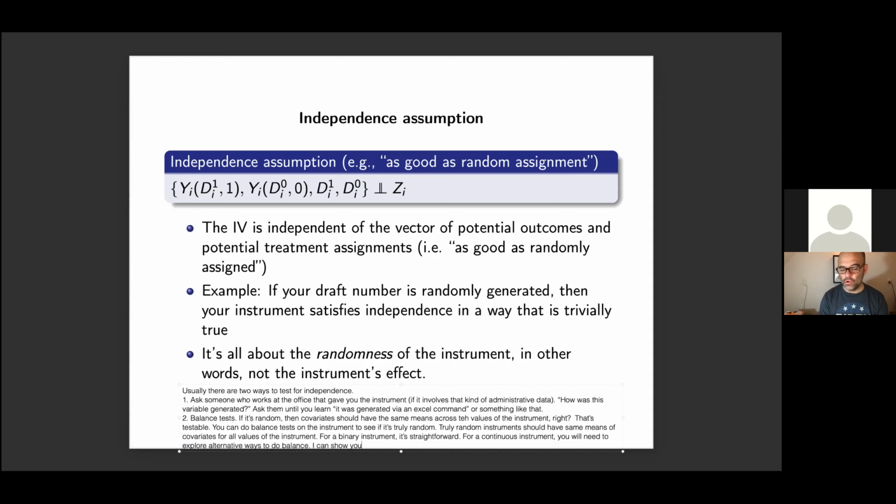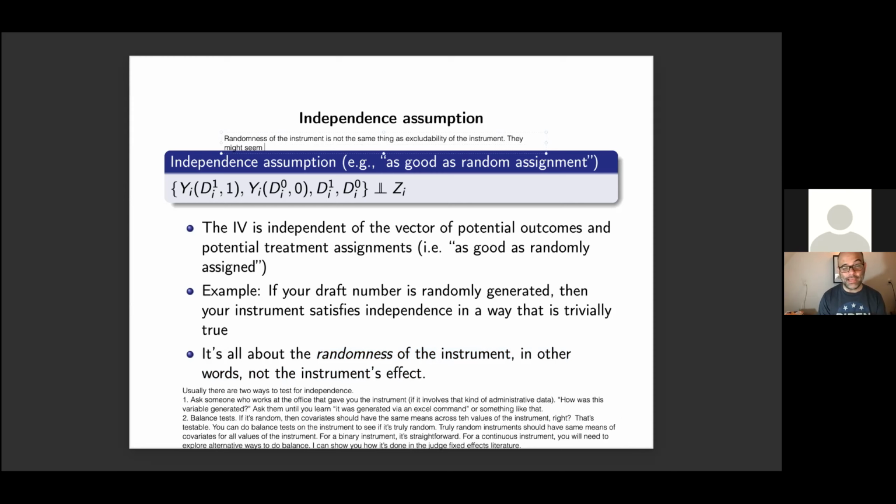I can show you how it's done in the Judge fixed effects literature. But it's all about the randomness of the instrument. It's not about exclusion. Independence, the randomness of the instrument, is not the same thing as excludability of the instrument.